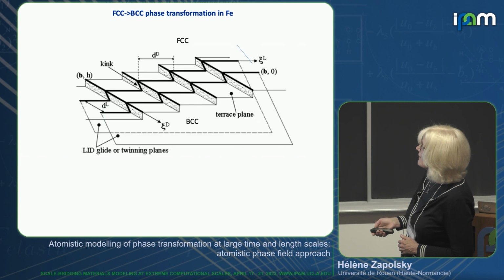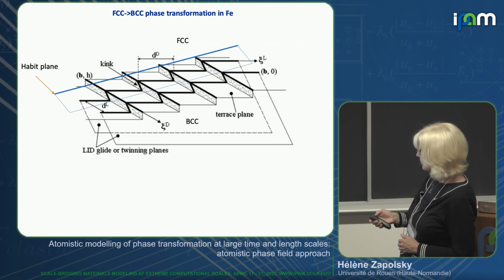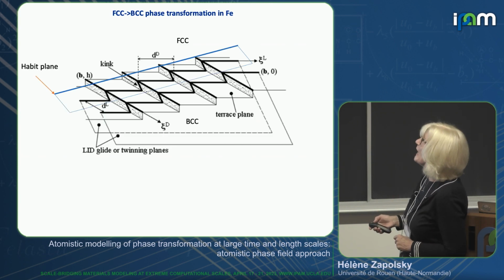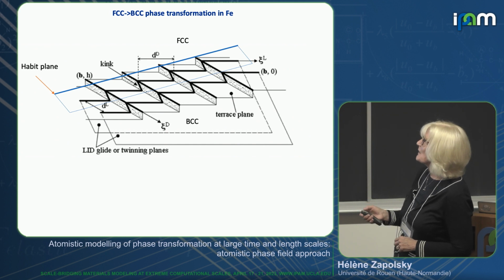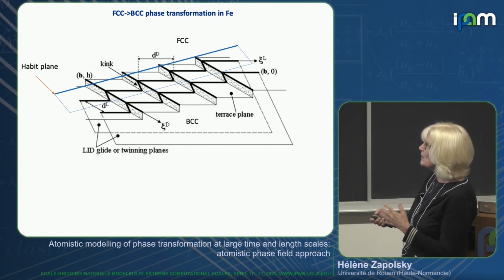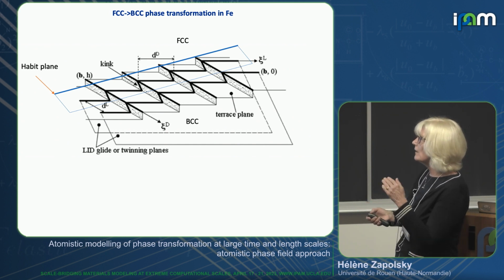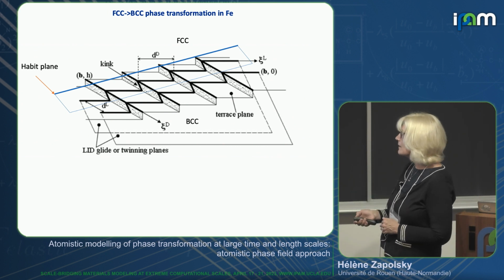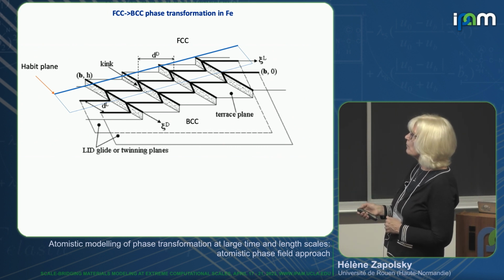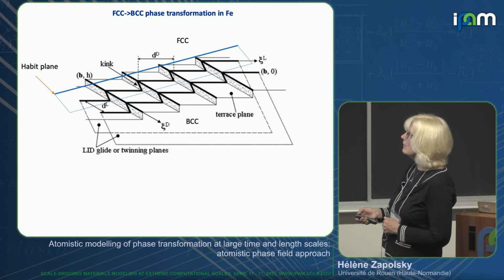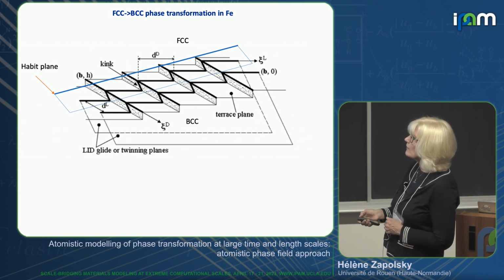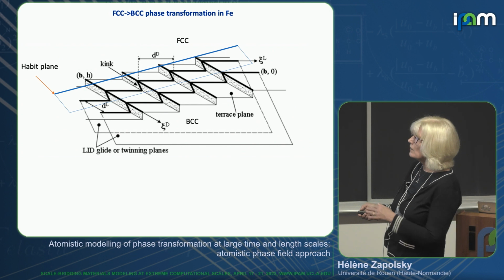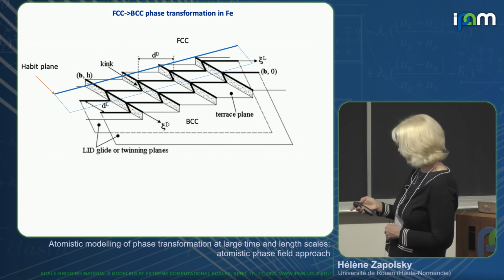So, just the last slide, to show you that globally the plane interface between FCC and BCC phase can be characterized by this step morphology, where we find some number of kinks, terraces, and the dislocation line. Of course, if you change the habit plane, we will change the structure of the step.